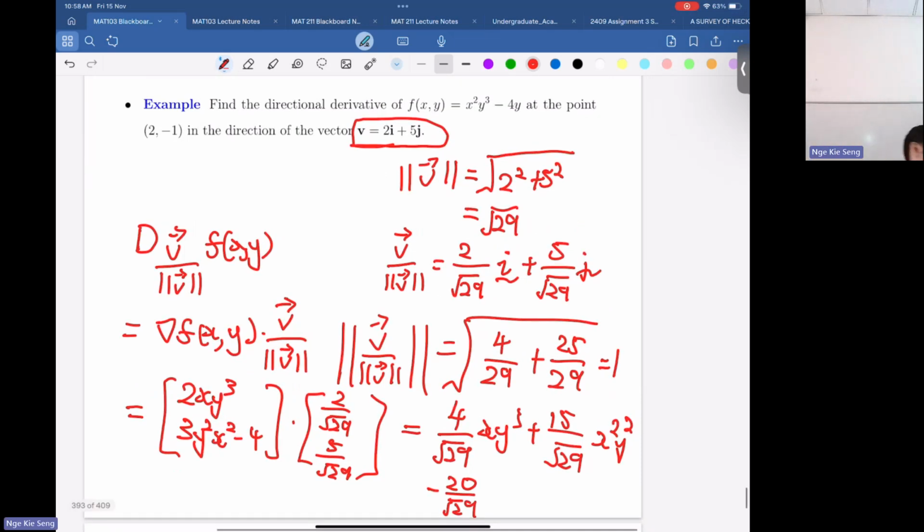Okay. But a problem comes up again. So what do you see here? This is an R2 to R. And the dot product is also an R2 to R. Good.